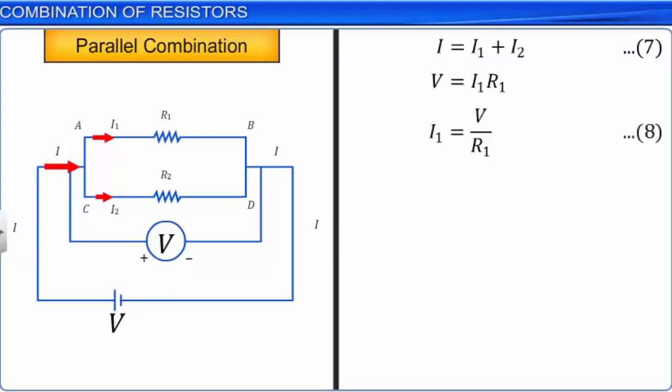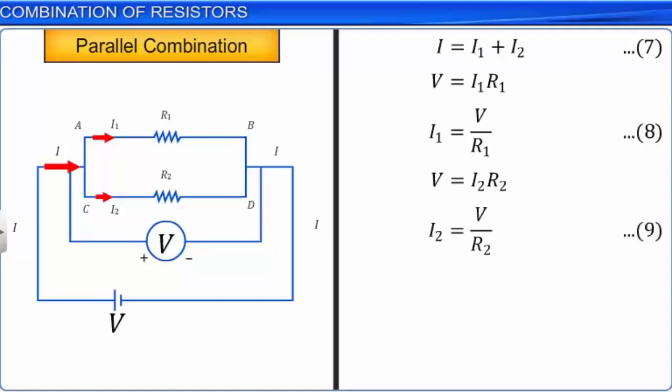Voltage V applied across the two resistors is the same as they are connected parallel to the same battery. Therefore, we can write V is equal to I2 R2 and I2 is equal to V by R2. Let this be equation 9.